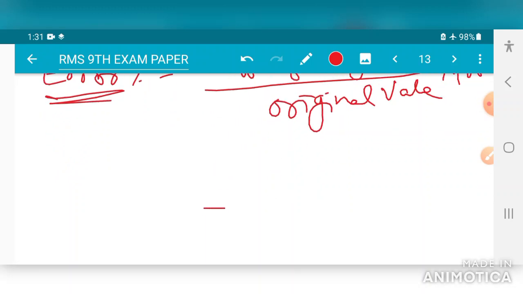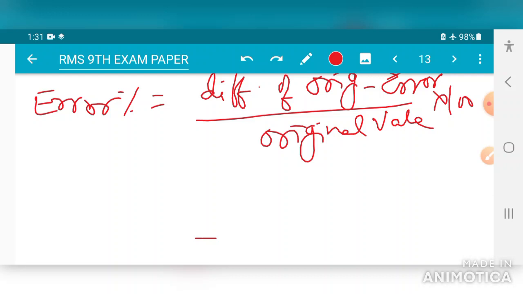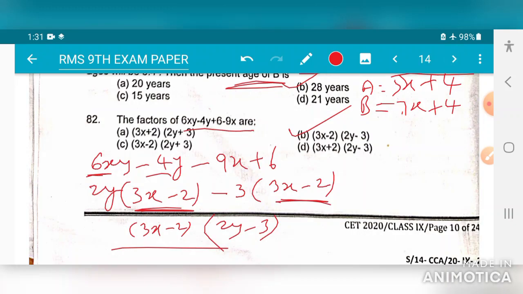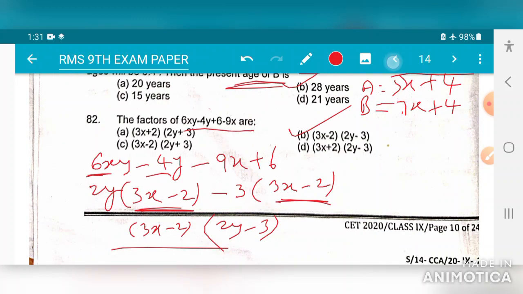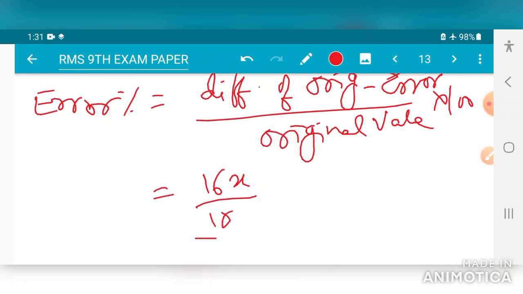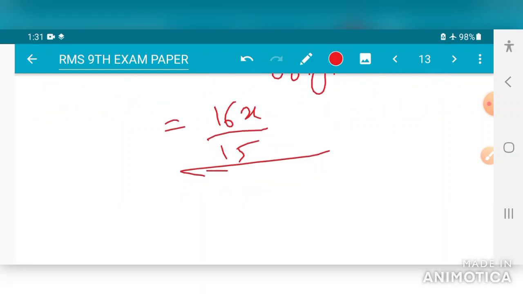So the difference we have already calculated: 16x upon 15, divided by the original value, 5x by 3, into 100.